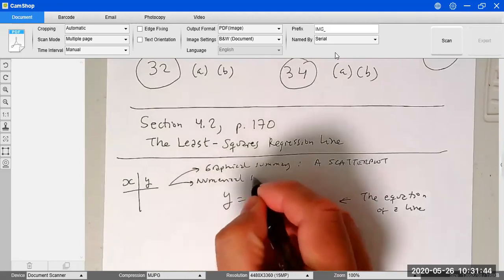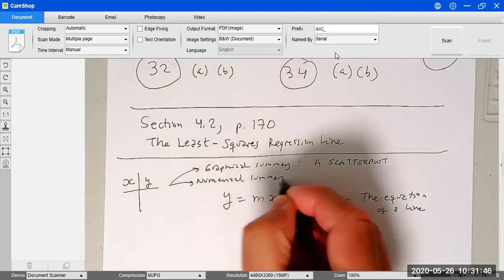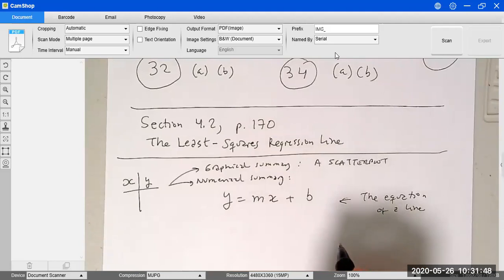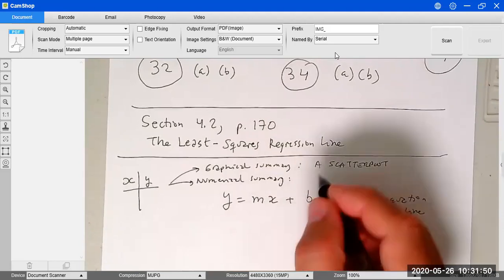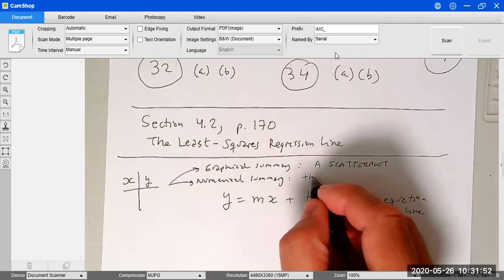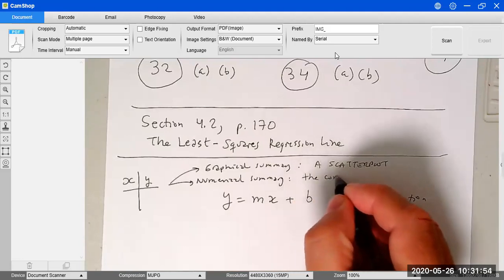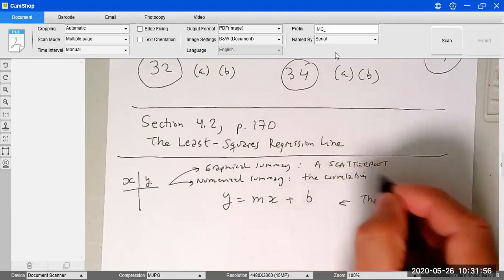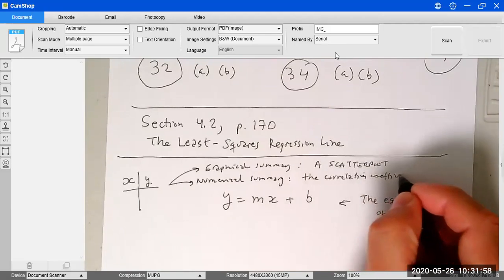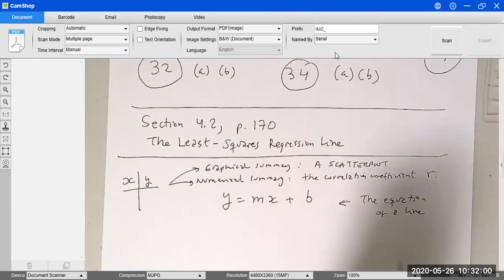A numerical summary is going to be numerical values that we're going to use to describe the data set. So the first one was the correlation coefficient R if you're using a sample, or rho if you're using a population.